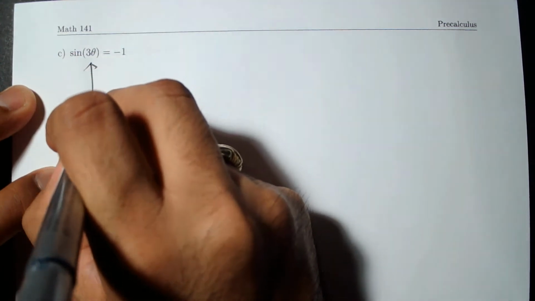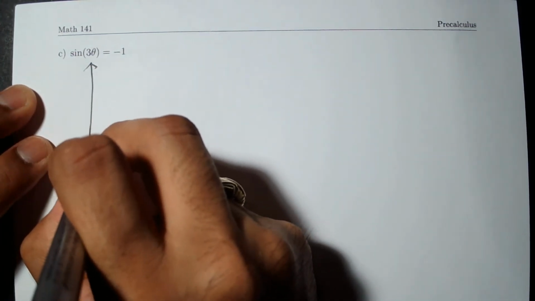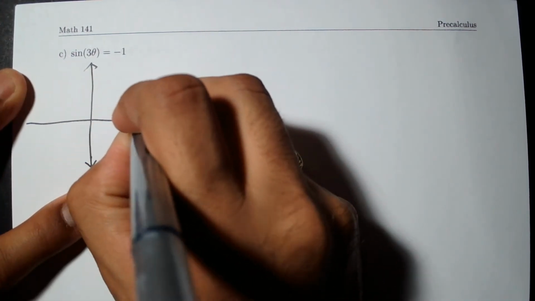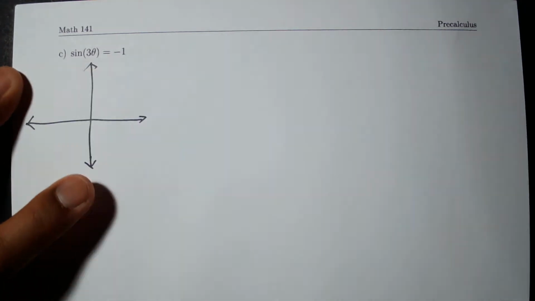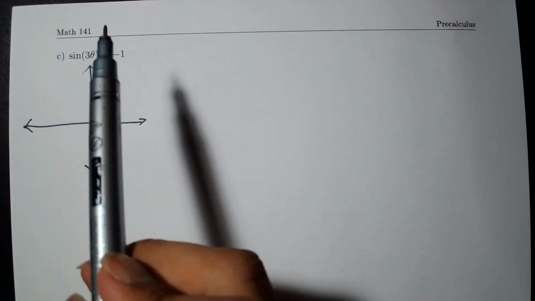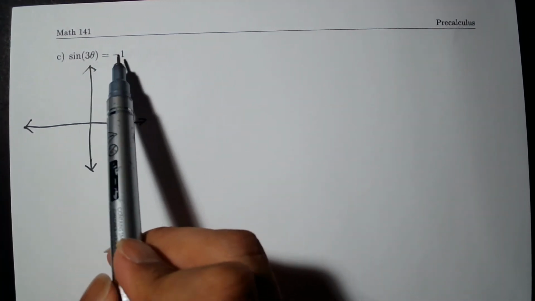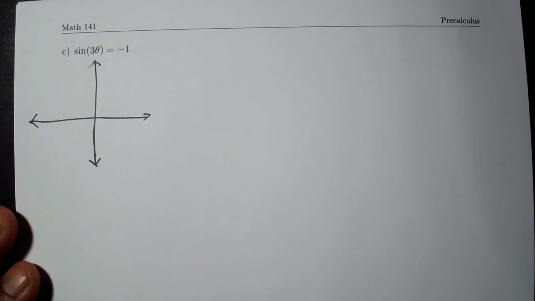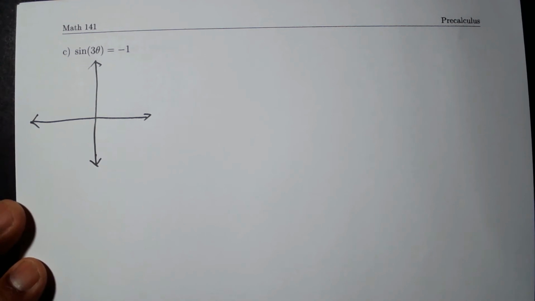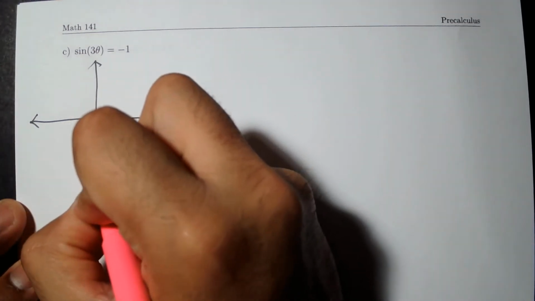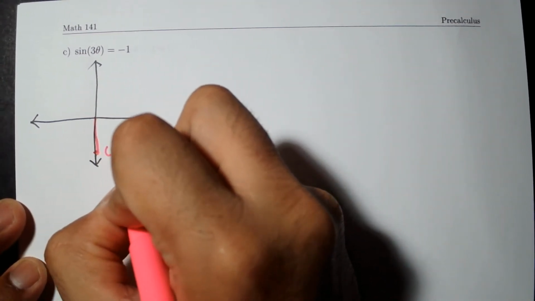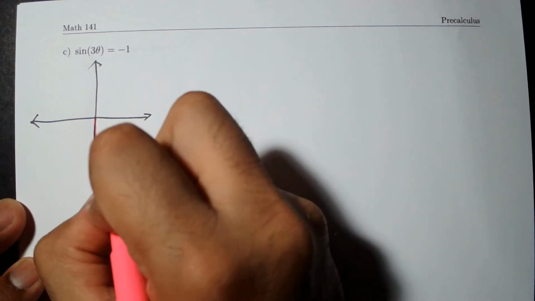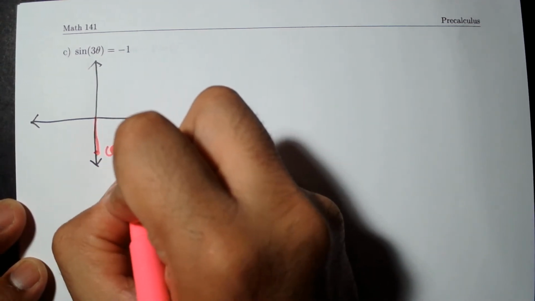Let's do a Cartesian plane and look for the angle or angles theta for which sine equals -1. All right, and it turns out that sine equals -1 only over here, right? So at 0, -1.